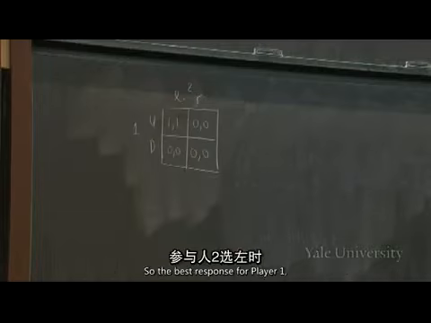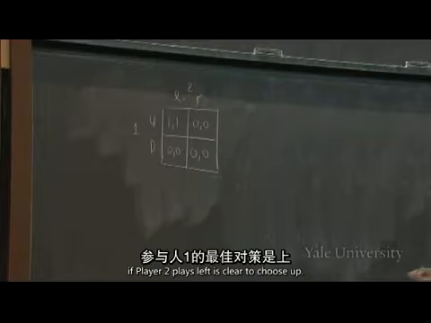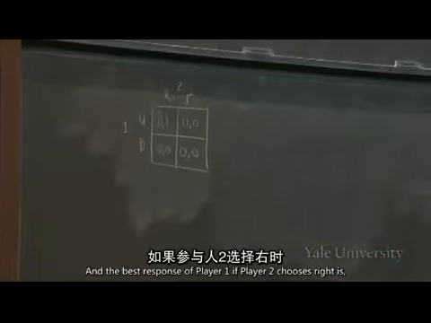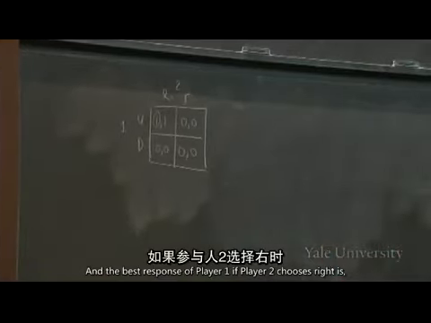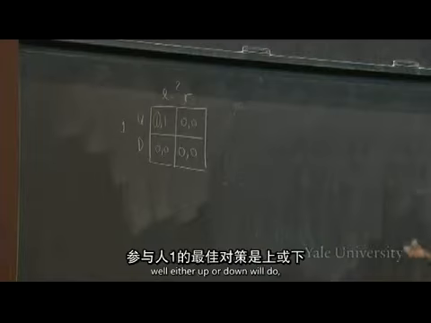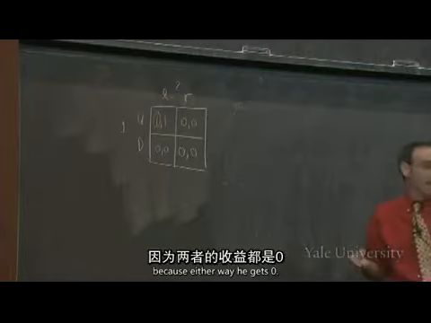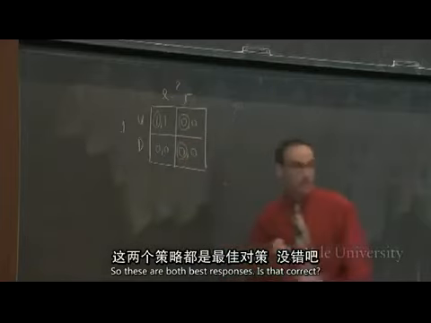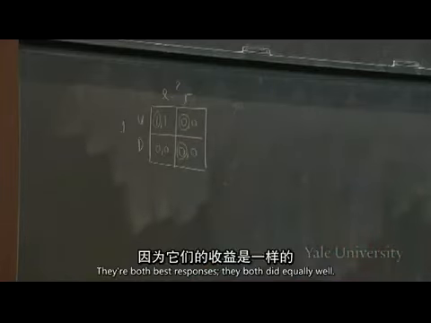So the best response for player 1, if player 2 plays left, is clearly to choose up. And the best response of player 1, if player 2 chooses right, is, well, either up or down will do, right? Because either way he or she gets 0. So these are both best responses. They both do equally well.